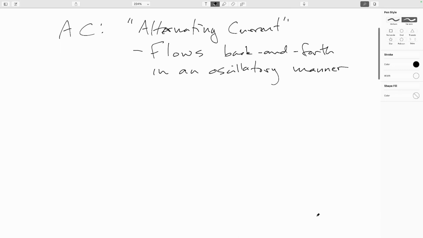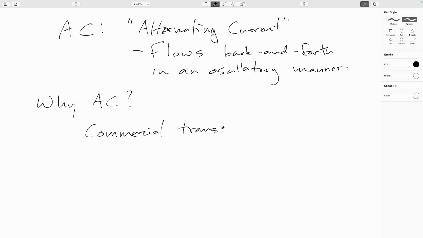Now, why would we want to do AC? It seems more complicated. And it turns out there are a few good practical reasons. So the reason that AC gets used in commercial transmission of power is two main reasons. One, it's much easier to run an AC motor than a DC motor.